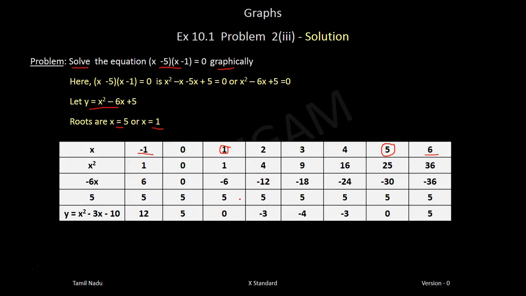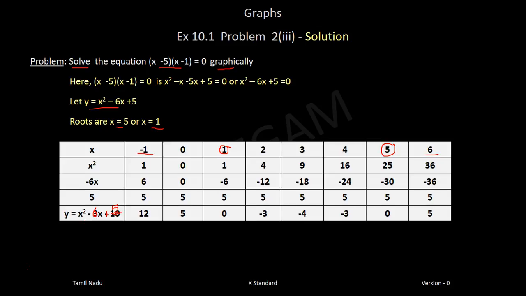Constant in addition. Now, how will you get y? y is x squared minus 3x minus 10. That is x squared minus, it's not minus 3x. I'm sorry, I think I'm carrying it forward from the previous problem. So this is 6x, and this is plus 5. This is the problem with taking the previous problem and working it out.